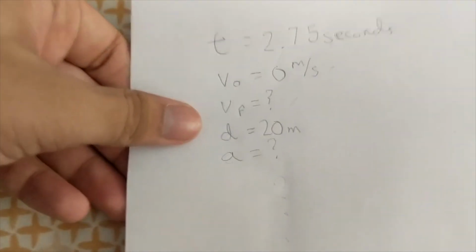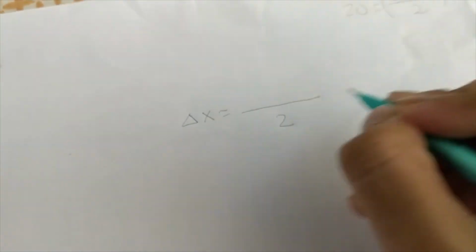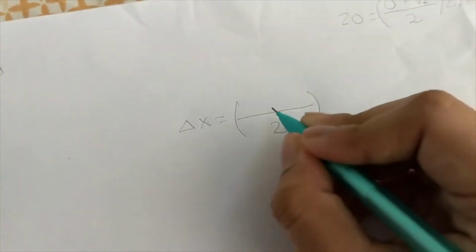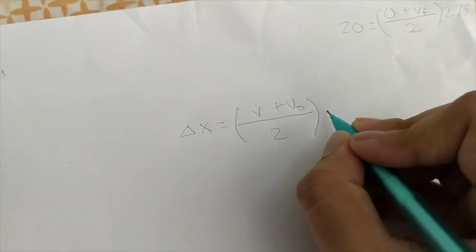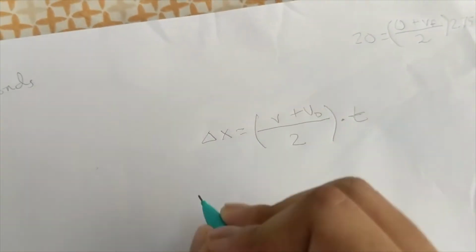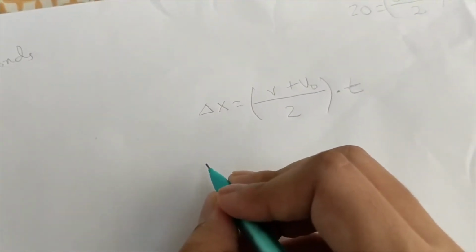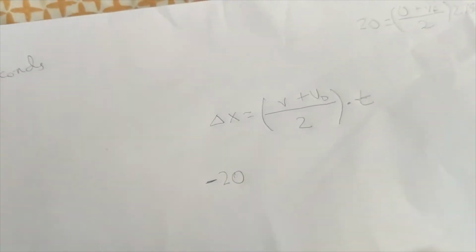So first we need to calculate this final velocity right here. We're going to use this equation, which is delta x, or distance, you can write however you want, equal to (v plus v0) times t. Now it's important to note that since our anvil dropped 20 meters, it's going to be minus 20.